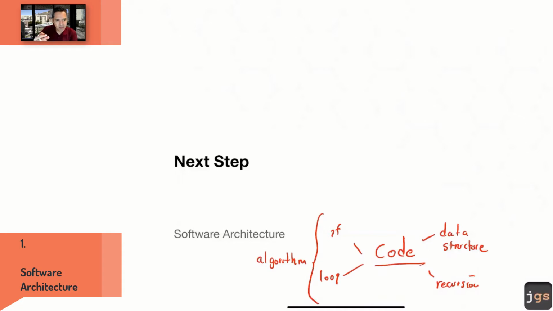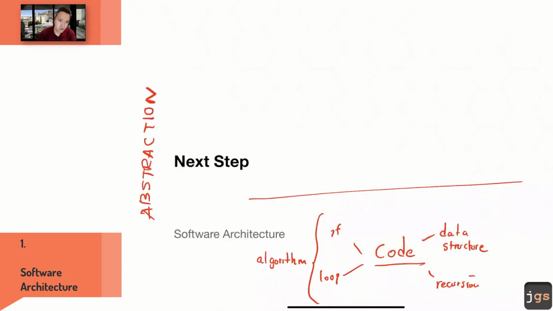The next level up. And up, I need to talk about abstraction. This is really programming. If, loops, recursion, data structure, that is what you do.